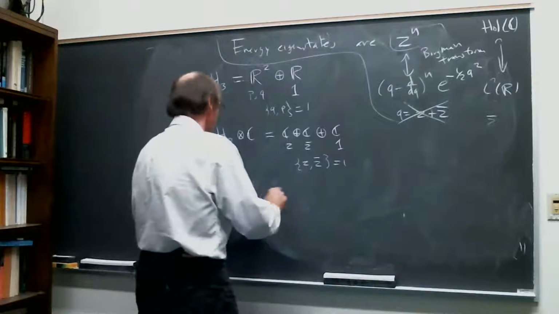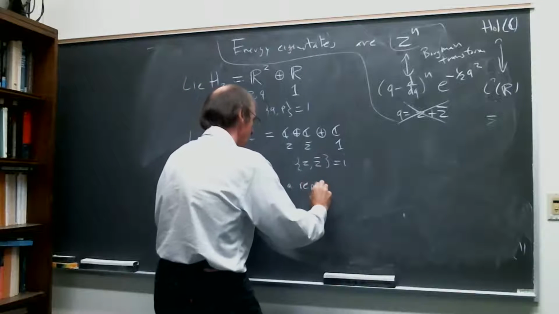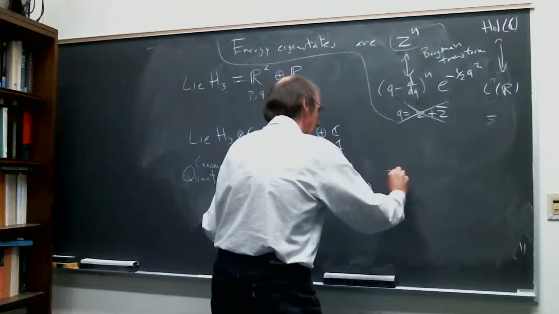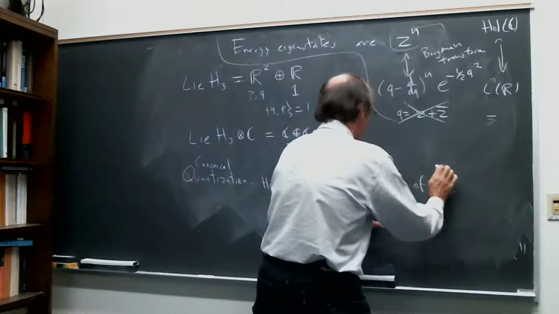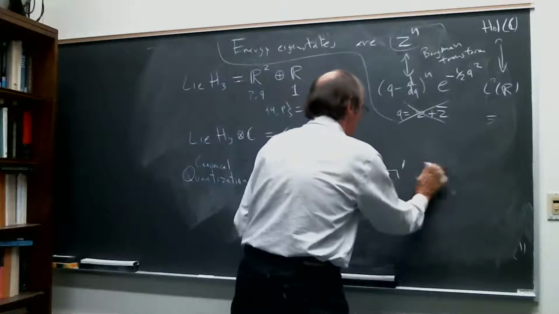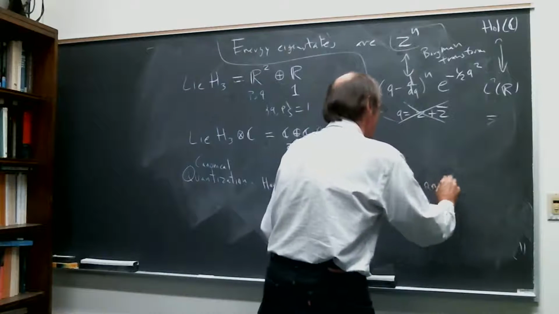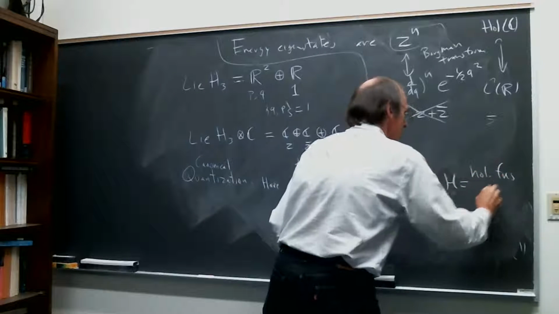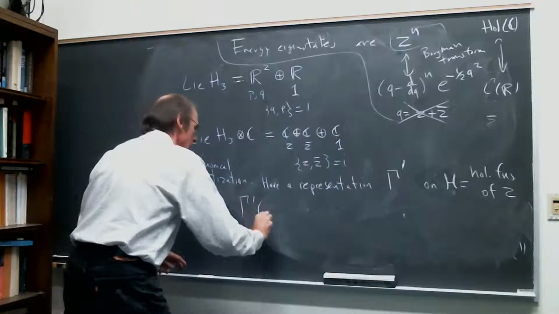And what it really says is that you have a representation gamma prime of this complexified algebra on H, which is equal to holomorphic functions of z.